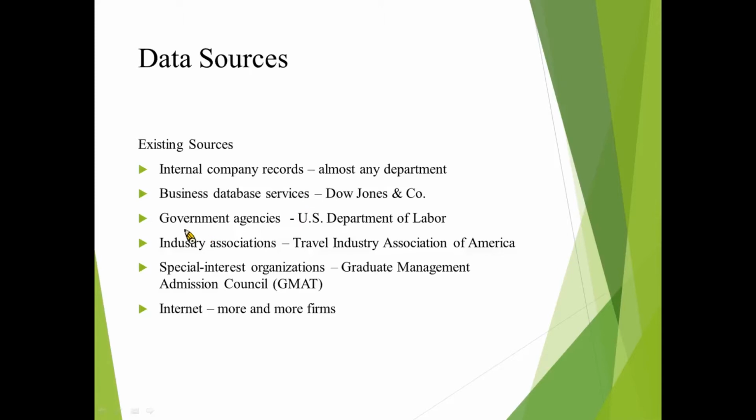And the third one, the government agency, maybe in the United States or in Taiwan. They have some open data, because now a lot of government offices already open their data, and you can use it.